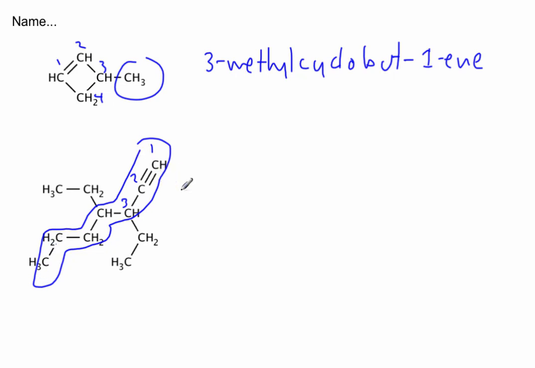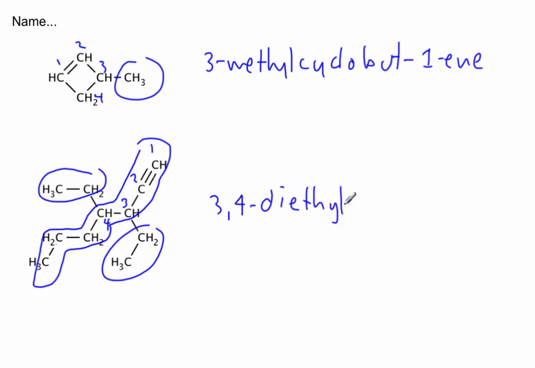It's a 7, and so it's a hept-1-yne. And on carbon, so we finish this off. On carbon 4 we have an ethyl branch, and on carbon 3 we have another ethyl branch. So we have diethyl. So what we have is 3,4-diethyl hept-1-yne.